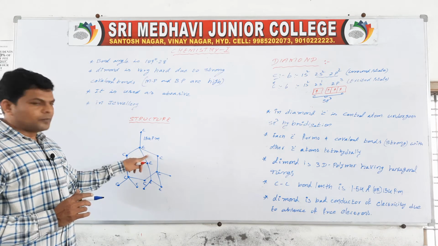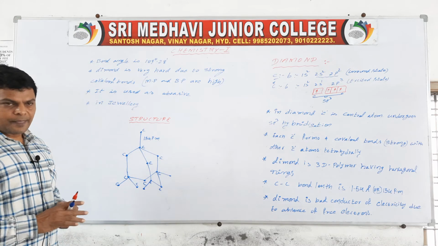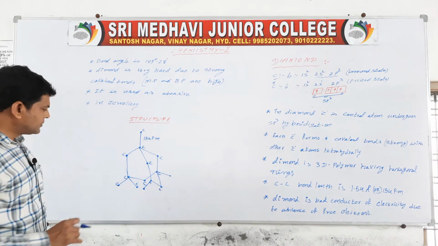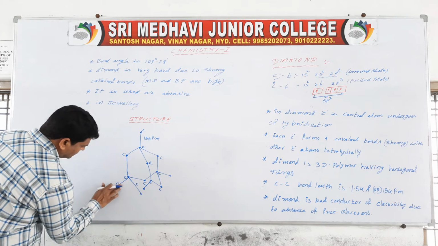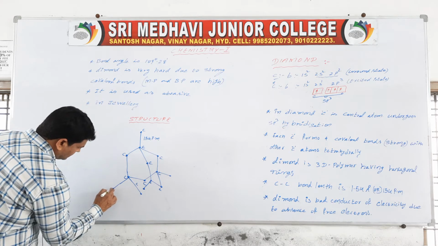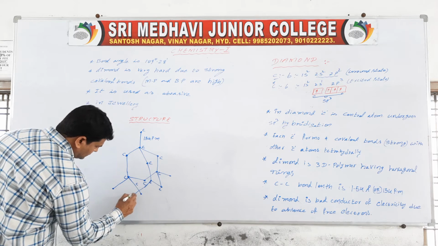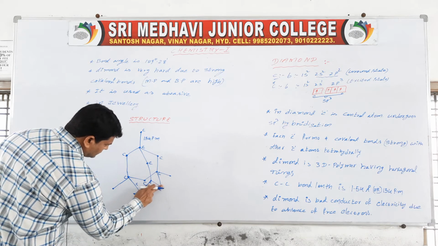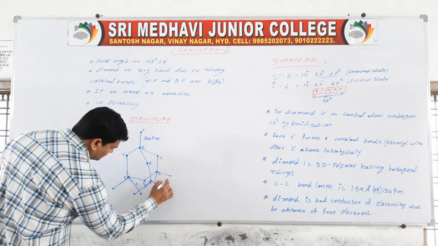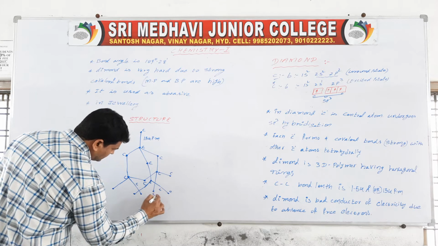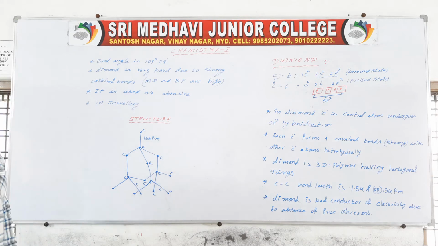So carbon forms covalent bonds tetrahedrally, which gives giant hexagonal rings. Like this, hexagonal rings are formed.